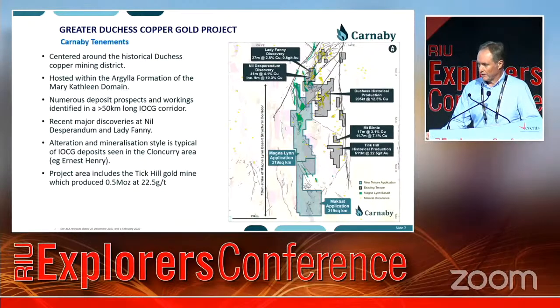It was also spectacularly high grade, one of the highest grade gold mines in the country, produced 500,000 ounces at a head grade of 22 grams. So it's a well endowed belt with extensive areas of IOCG signature mineralisation. The alteration and mineralisation style is typical and similar to what's seen in the Cloncurry region.